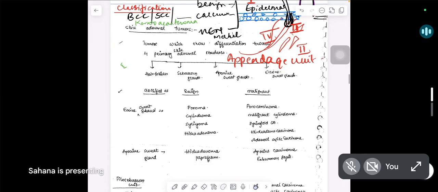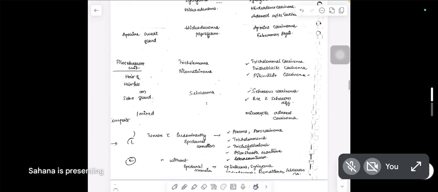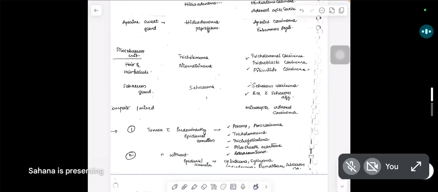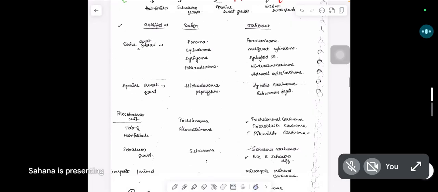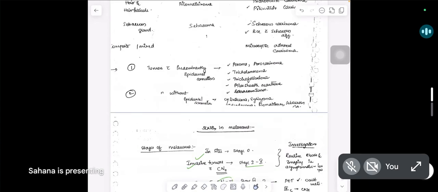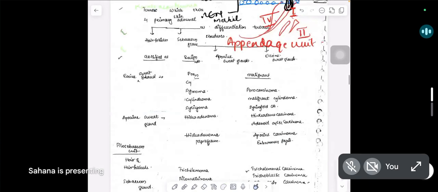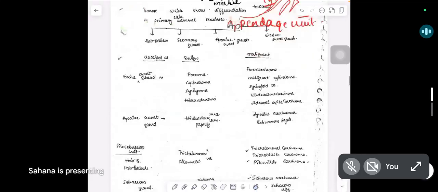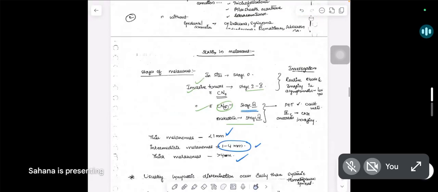So it can be all omas: poroma, cylindroma, syringoma, hidradenoma. All of these will have a carcinoma component that you can mention. Then the nail unit had a different name; you can write malignancy arising from the nail unit. So this is one classification.